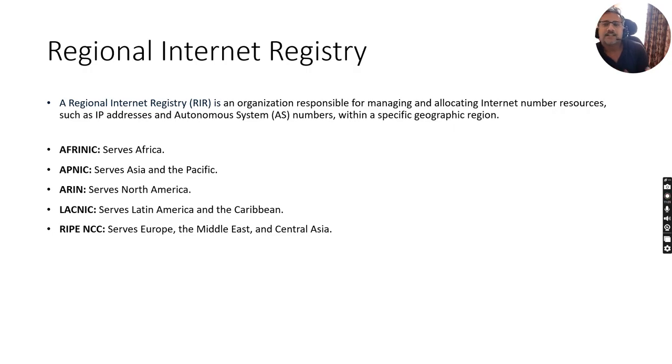So in every region, like in Asia Pacific, in Europe, in Middle East, in Latin America, in Caribbean, in US, in Central, everywhere you have an authority, whose job is to manage and allocate internet number resources such as IP addresses and autonomous system numbers within a specific geographic region. So you can see those internet registries: AFRINIC, APNIC, ARIN, LACNIC and RIPE. These are the several regional internet registries in different regions.